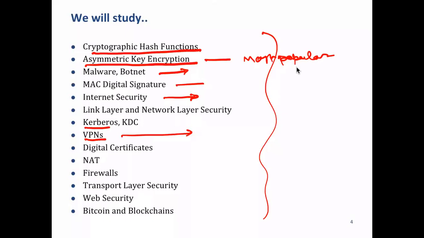VPNs we use nowadays. Everyone uses a VPN. It's a kind of secure tunnel. Then we look at digital certificates, NAT and firewalls, and transport layer security. A very important topic is web security, because most attacks are happening through the web nowadays. Then Bitcoin and blockchains.